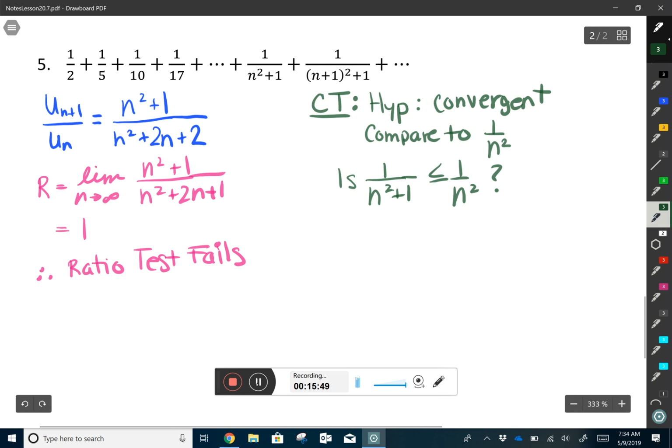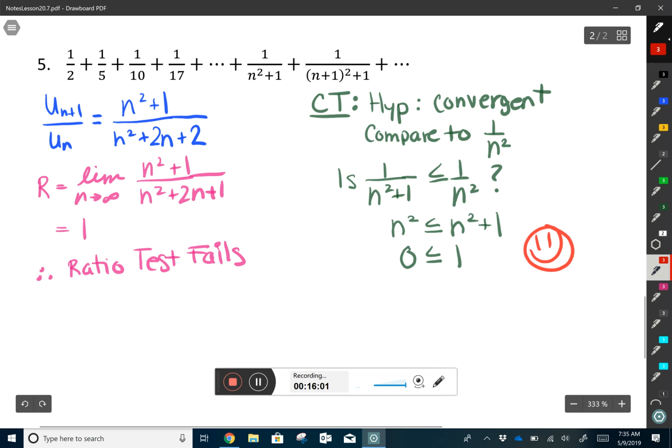So we're trying to figure out if that's true, so I multiply both sides by n squared. I multiply both sides by n squared plus 1. I can subtract n squared on both sides. 0 is less than or equal to 1. Is that true? Awesome. And so then I can state my conclusion by the comparison test. So I write out my sentence just like we did with comparison test. The given series is convergent.